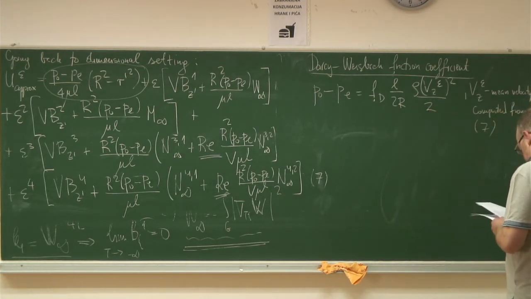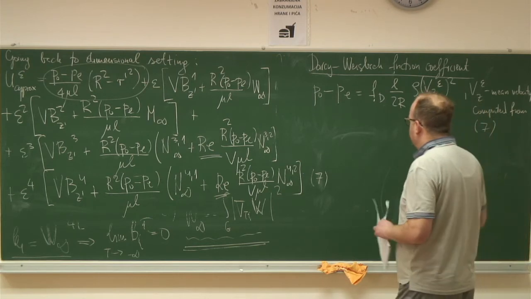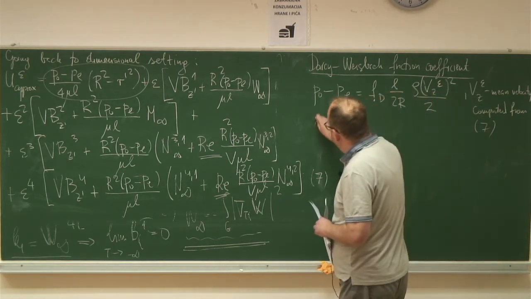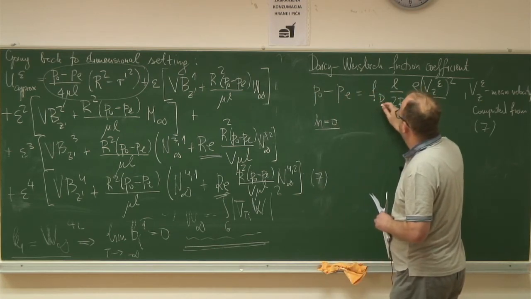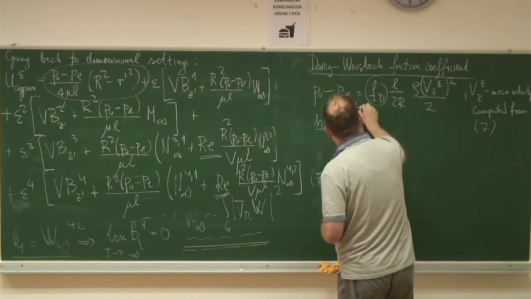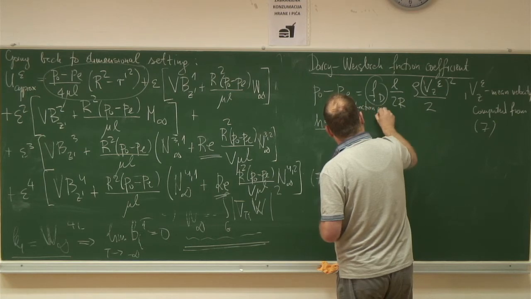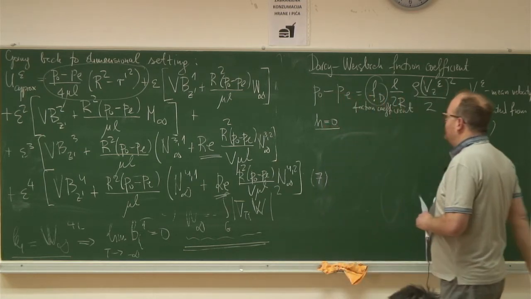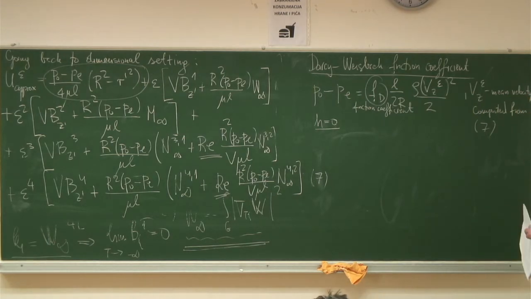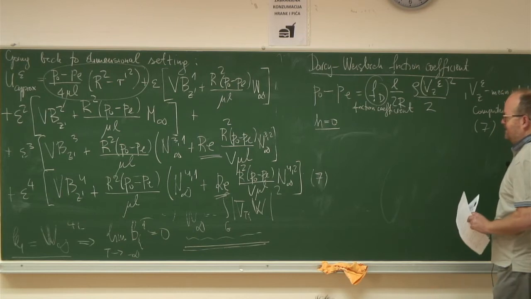Okay, so for the purpose of our analysis, let us first compute the friction. So this is the friction coefficient, okay? Let us first compute this FD for the case of the pipe without roughness, okay?